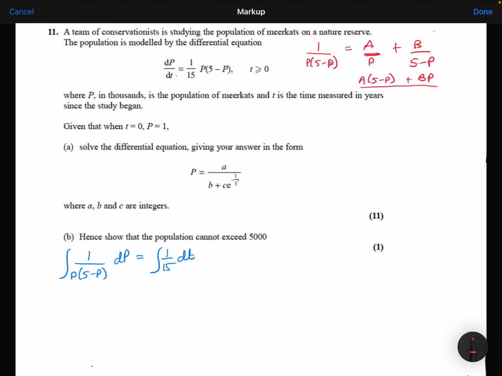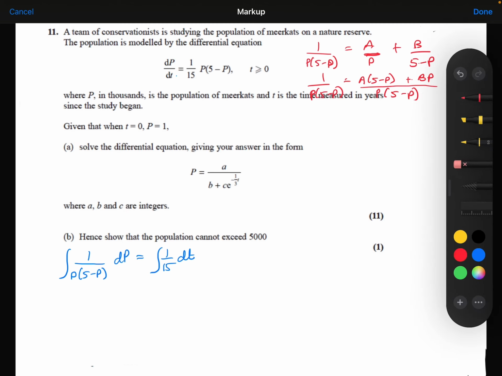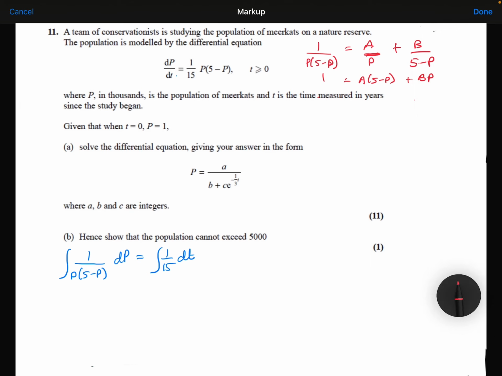And now we've got our common denominator. Right, now we can see that our denominator is the same for both fractions. So that means the numerator has to be the same for both. So 1 equals a times 5 minus p plus b times p.